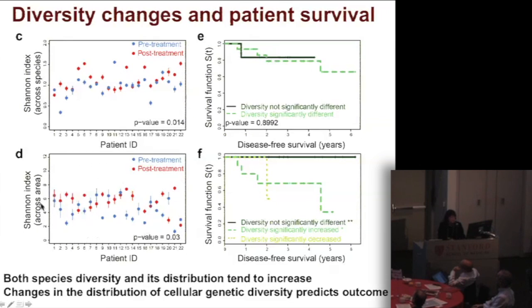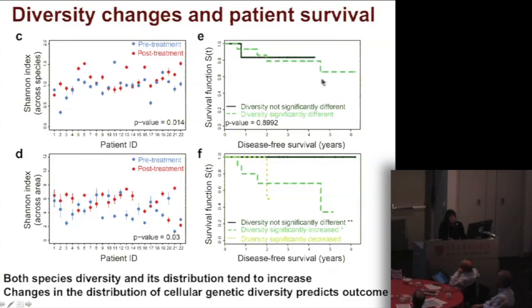And then we also looked across area, which means the distribution of these different cell populations within the same tumor, in different regions of the same tumor, and this sometimes increased, sometimes decreased after treatment, and both were significant.